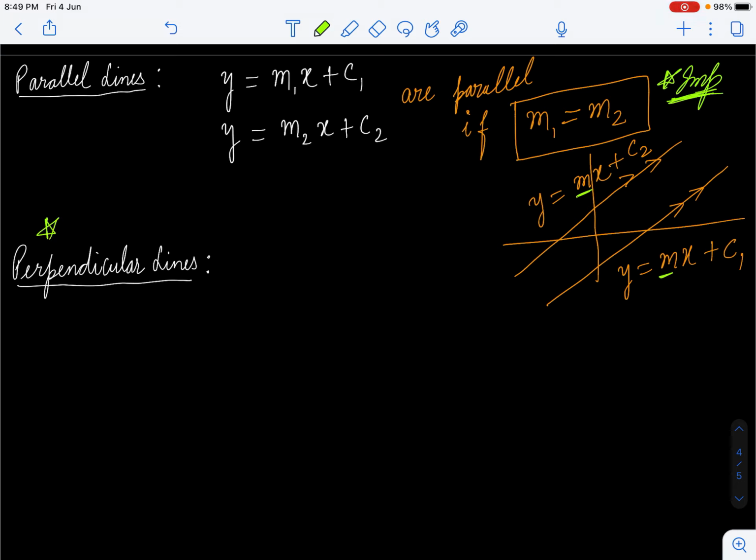Now very important, perpendicular lines. Two lines are perpendicular. Let's say these two lines are m1x plus c1 and m2x plus c2.